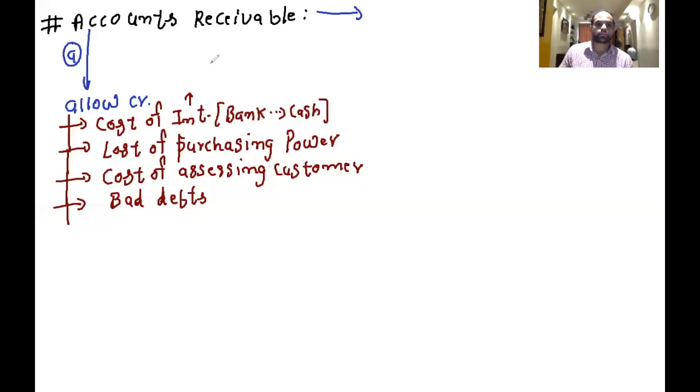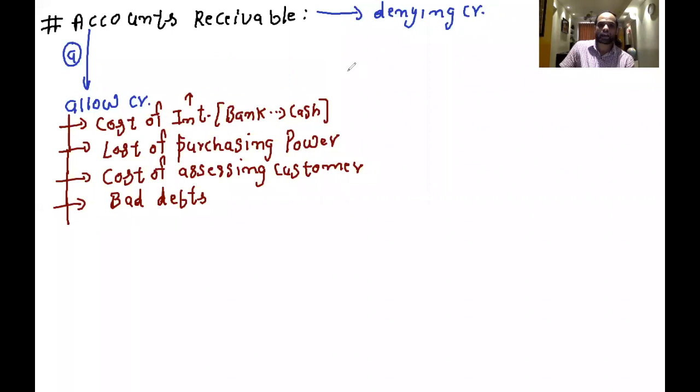Now, the cost of denying credit, which means if you sell more on cash, right? So denying credit. Right? Denying credit.